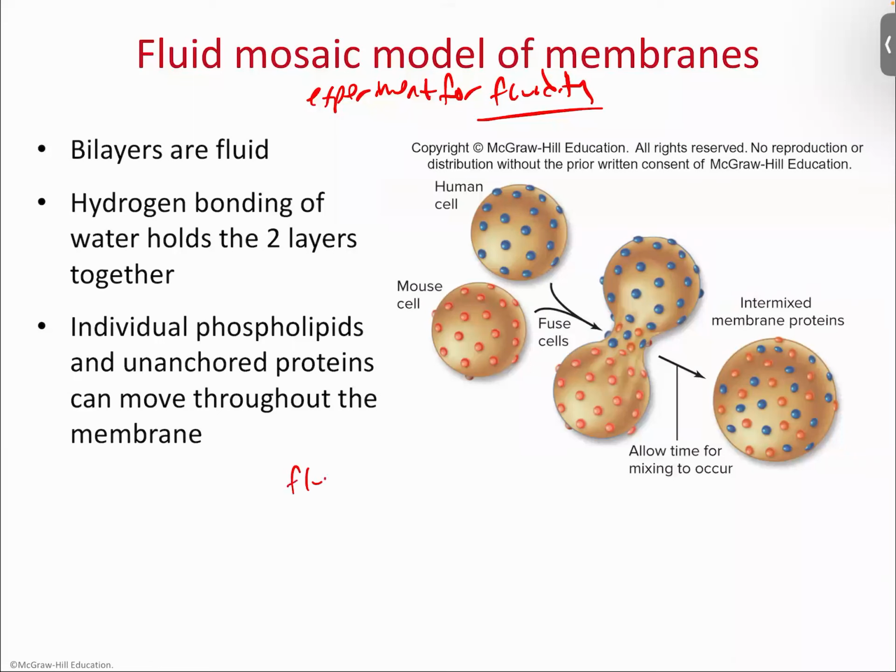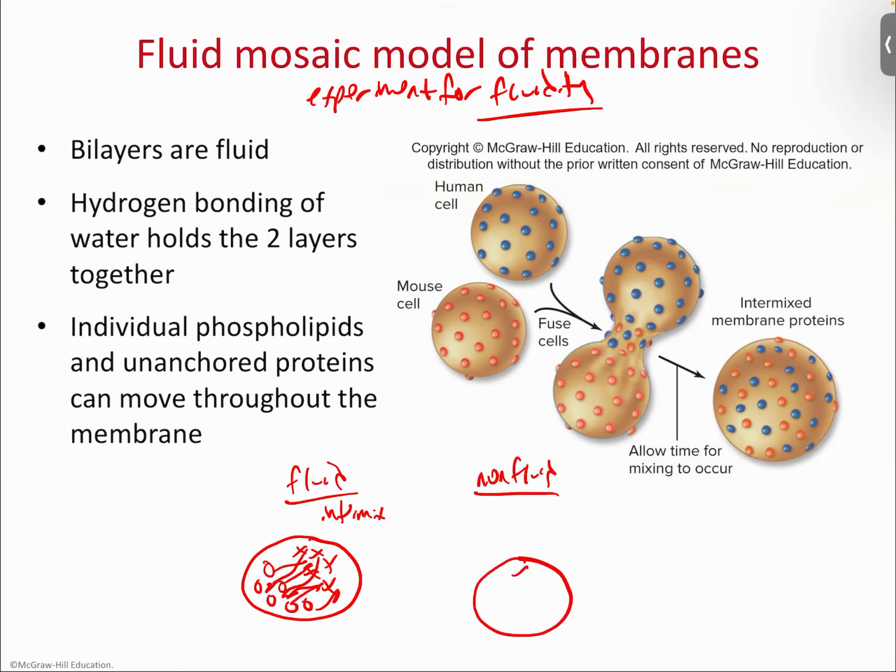So if we have a fluid situation, then when these two cells fuse together, they should intermix. So you should start to see these starting to move around. If it's non-fluid, then you should see a cell that does not intermix, not intermixed.